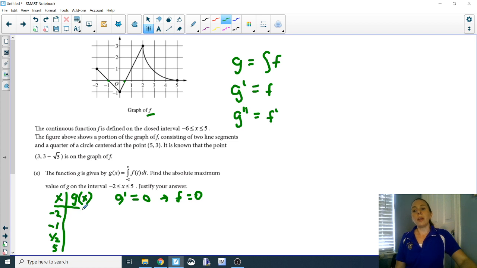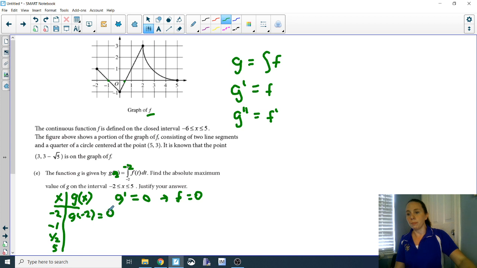Now just find the y coordinates of g at each of those x coordinates. Right here I'm doing g of -2, and keep in mind that your g function is defined here. So g of -2, just replace x's with -2's. What's the integral from -2 to -2? It is 0.